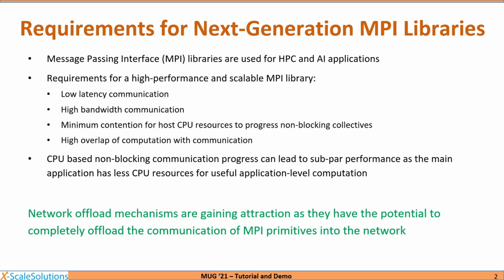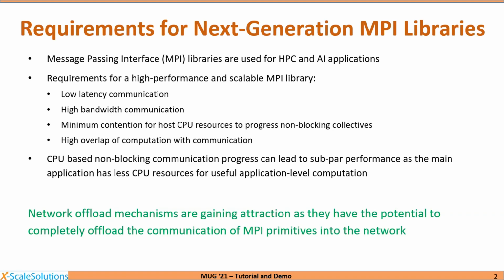The basic requirement for MPI is to achieve low latency, high bandwidth, and minimum contention on host CPU resources, so that we can achieve as much progress as possible from the overall compute application perspective. We also try to achieve high overlap between communication and computation, so that the end user will see the overall execution time improved.